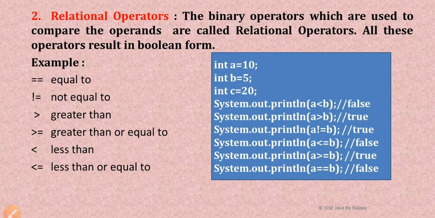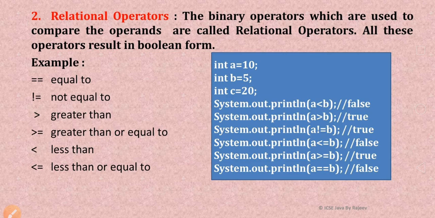a not equal to b, 10 not equal to 5, is also true. Now the fourth expression, a less than equal to b: a value is 10, 10 less than equal to 5, again false.